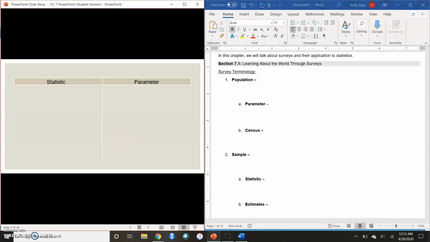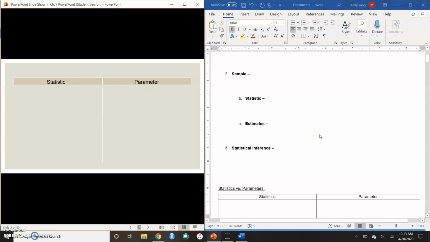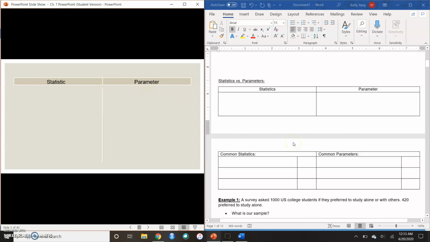So I'm going to compare and contrast statistic with parameter and highlight some of the common examples that we have. Okay. So a statistic is one that can be computed based on data. Whereas the parameter is typically unknown or just provided to us.